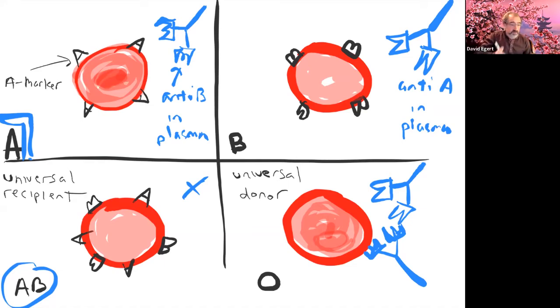So this explains A, B, and O, and then obviously people usually talk about A positive, A negative. So let's add that into our picture. That's called Rh factor, or sometimes they call it D antigen. Rh factor is just another protein marker on the cell membrane.